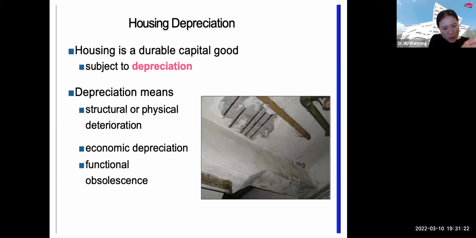But when people's income gets higher, they may want to move to housing, even with the same space, but with better design, larger windows and better ventilation facilities. So functionally speaking, those old housing units will depreciate. These are some possible reasons for housing depreciation.